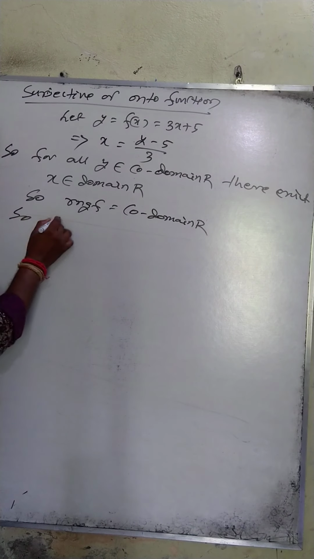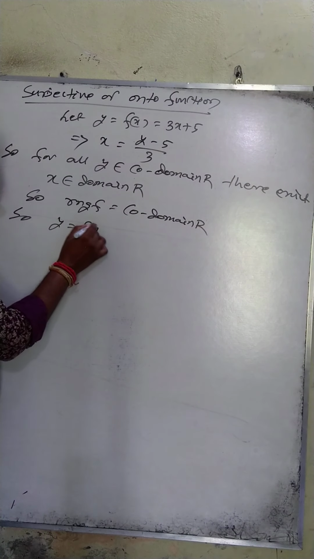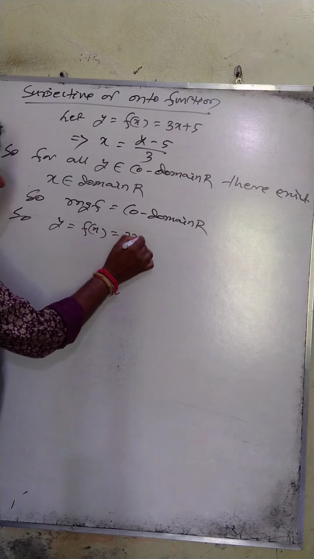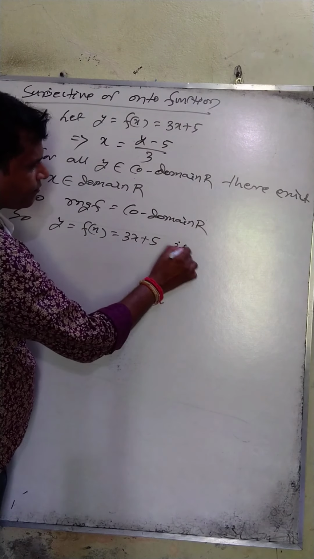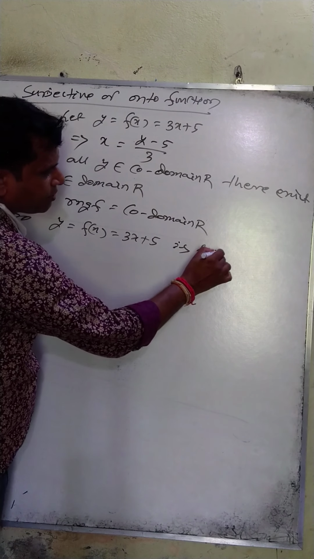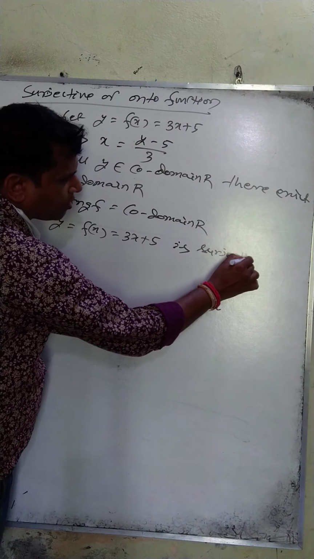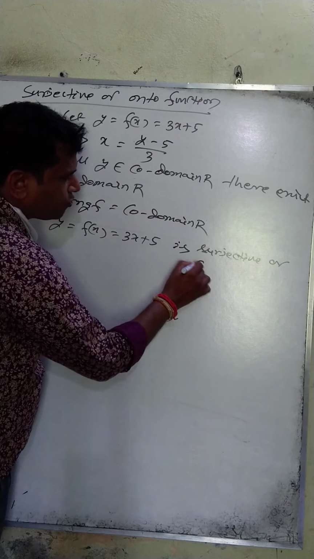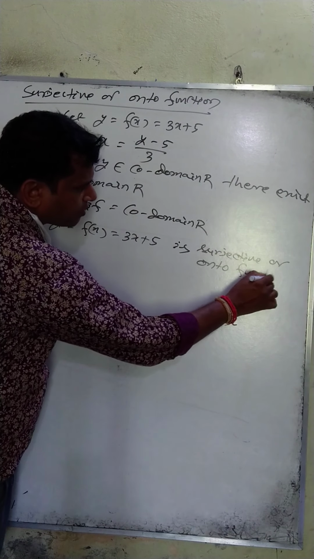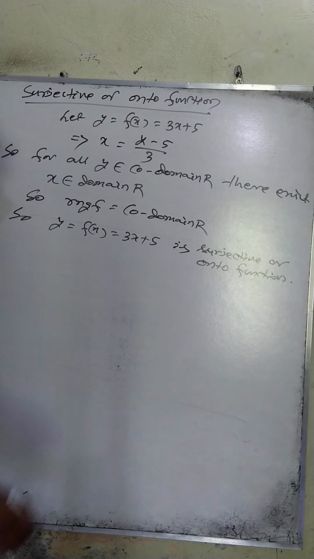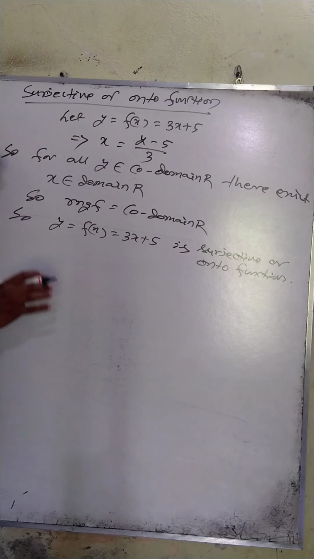So y is equal to f of x is equal to 3x plus 5 is surjective or onto function. First we showed it is a one-one function.